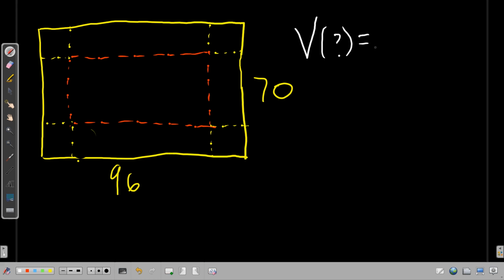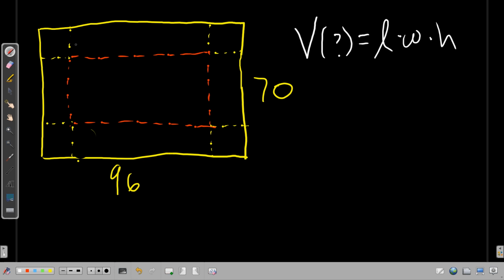But for now, I know that when I fold this thing up, it'll be a rectangular prism. The volume is length times width times height. Okay, great.